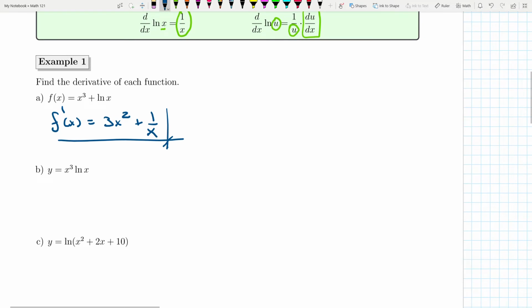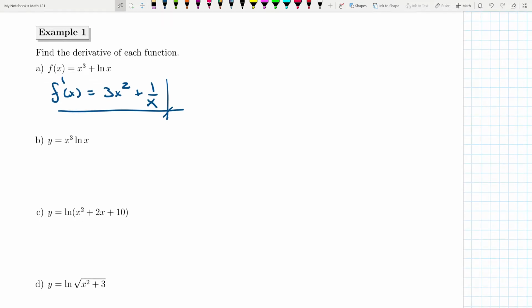For letter B, y equals x cubed ln x. So y prime equals, in this case, well, notice first of all that we have a product of functions. It would be a good idea to recall that the derivative with respect to x of a product uv is u prime v plus v prime u.